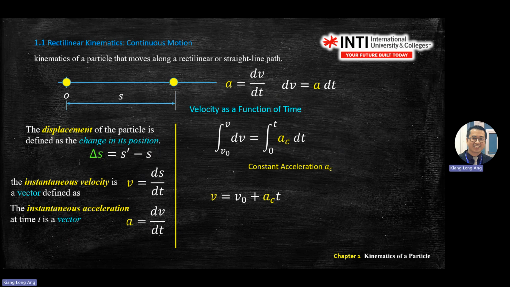On the left hand side, v minus v0 equals a_c t, because you bracket t minus 0. So you rearrange, you arrive at v equals v0 plus a_c t. You saw this equation before in your physics class. In my class, I call them Newton equations or motion equations.